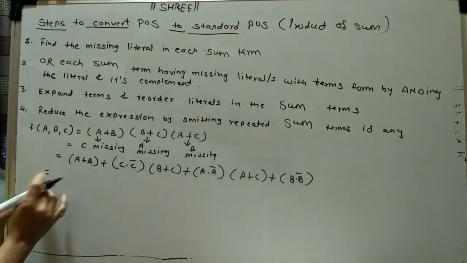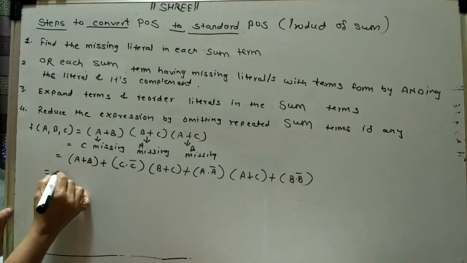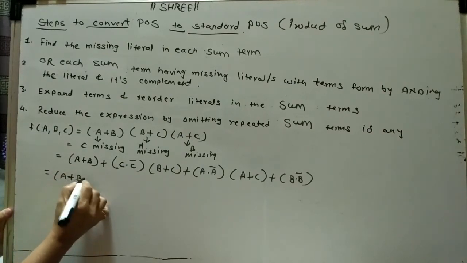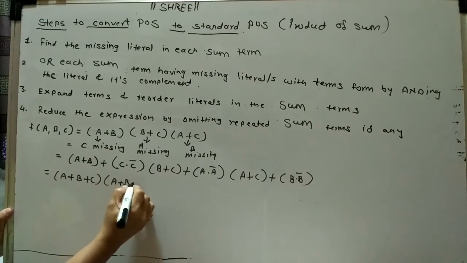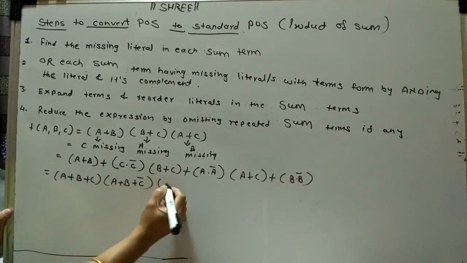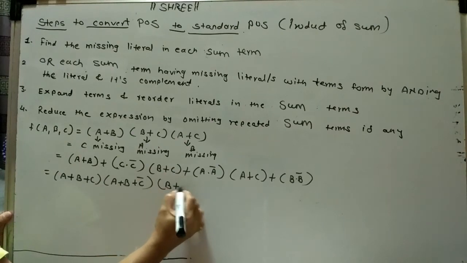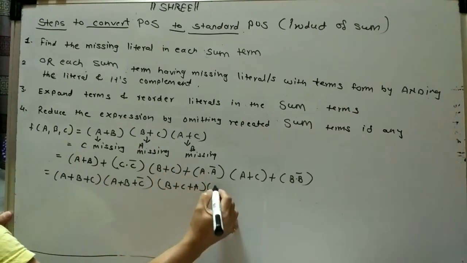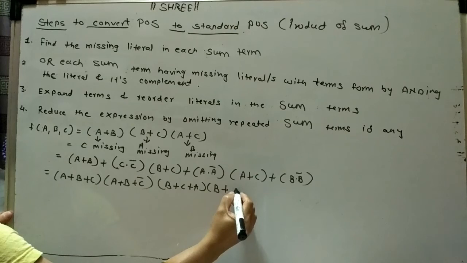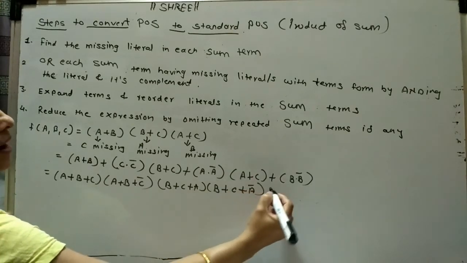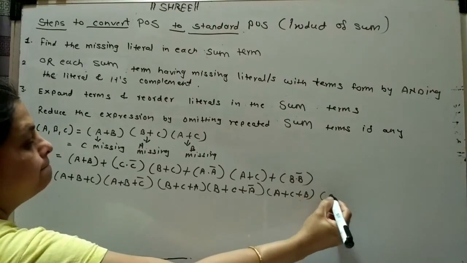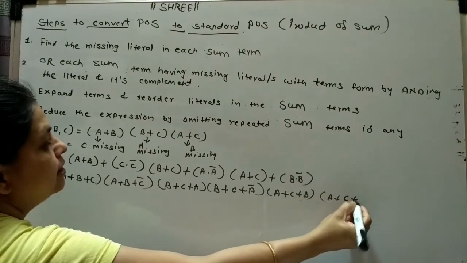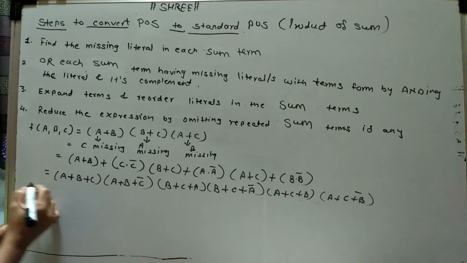Now we'll expand this, so we'll get A plus B plus C, A plus B plus C bar, B plus C plus A, B plus C plus A bar, A plus C plus B, A plus C plus B bar.